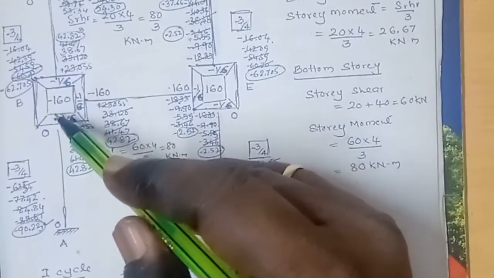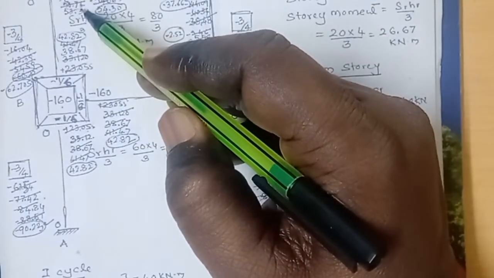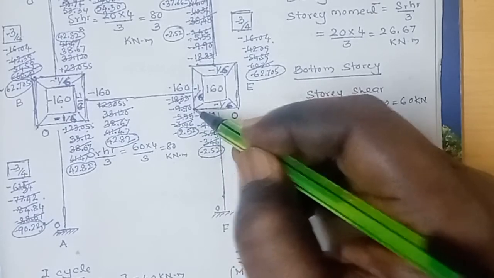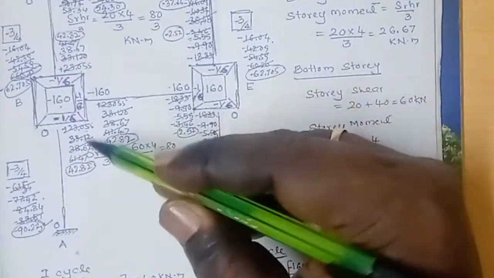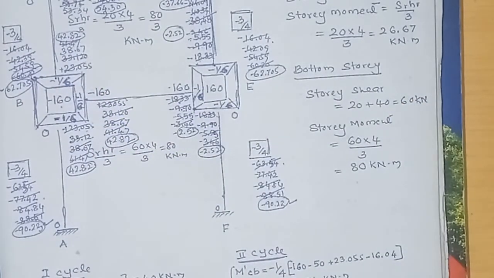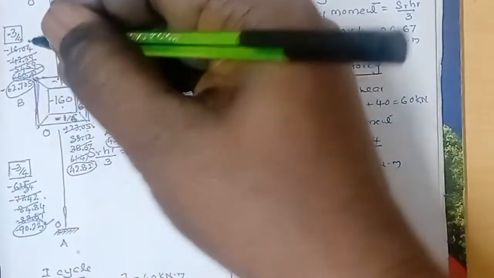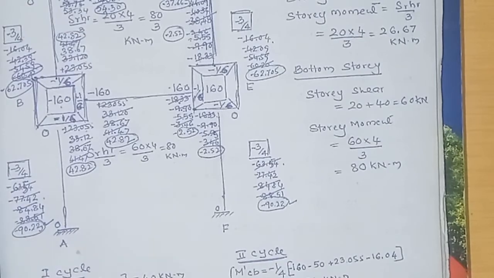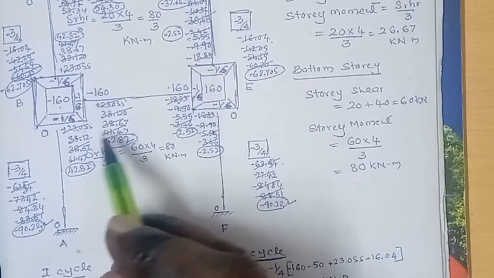Then the sum of the fixed end moment is minus 160. The far end contribution, that is 50.74 from C, minus 9.90 from E. From A it is 0. Then the displacement contribution from the upper story, that is minus 16.04. From the lower story, that is minus 63.54. That equals 33.123 kilonewton meter.